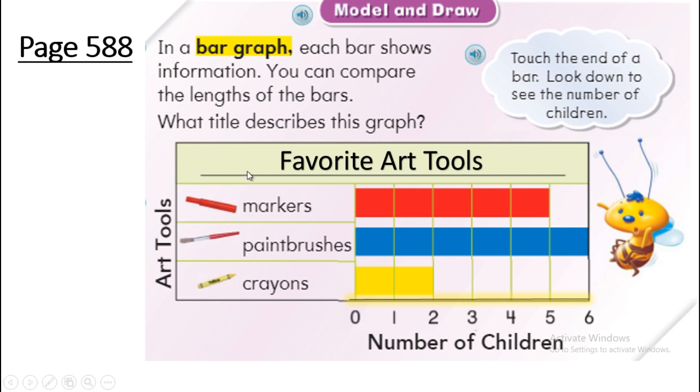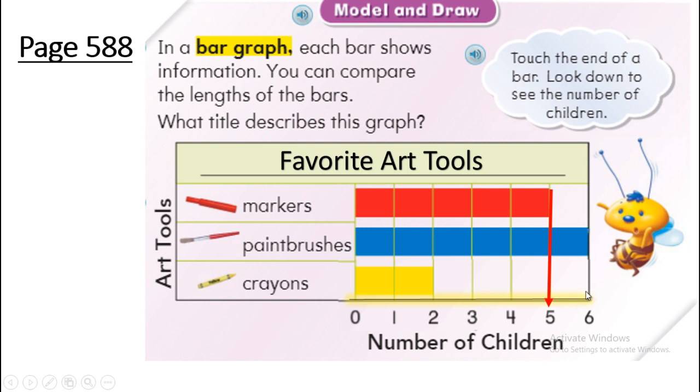Now, if I wanted to know how many children chose markers, I'm going with this bar all the way to the end of the bar and then go downwards to the number 5. So 5 children chose markers. How many children chose paintbrushes? All the way to the end of the bar. Then go downwards.